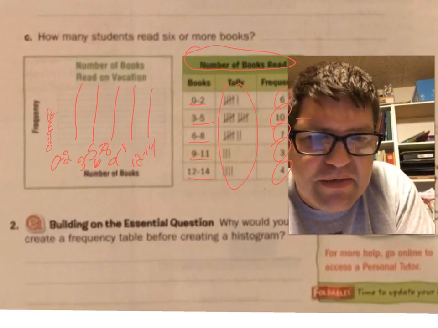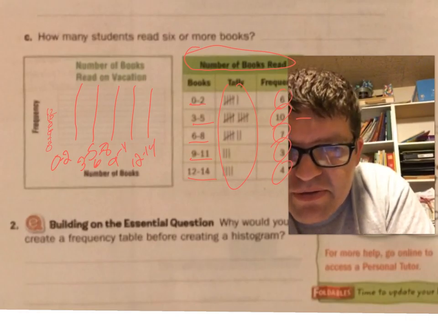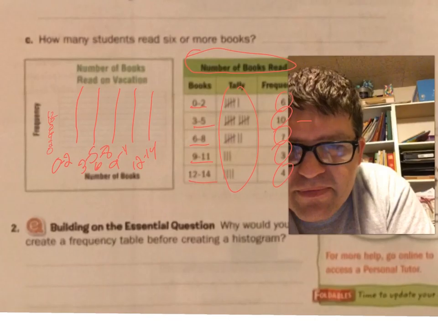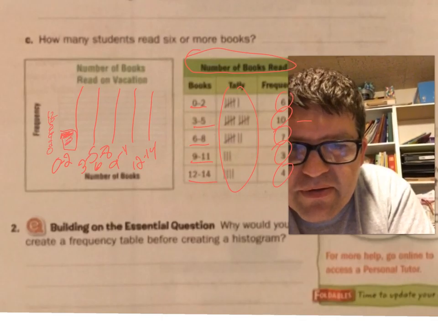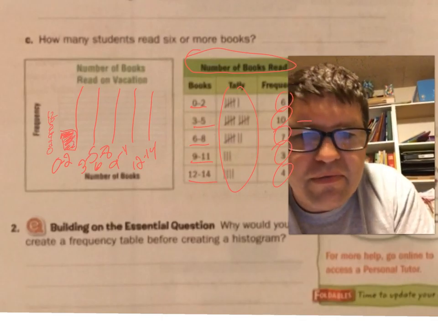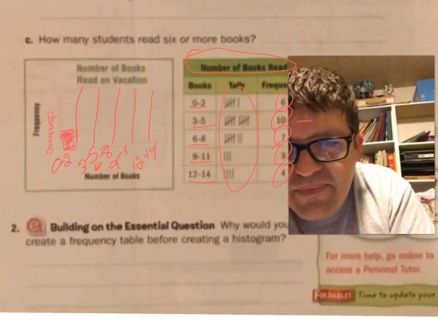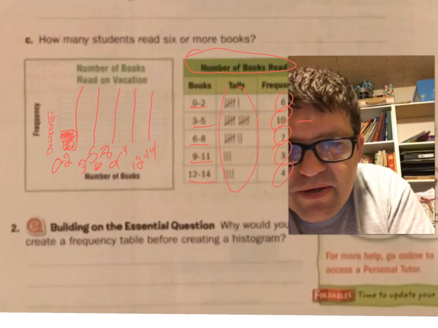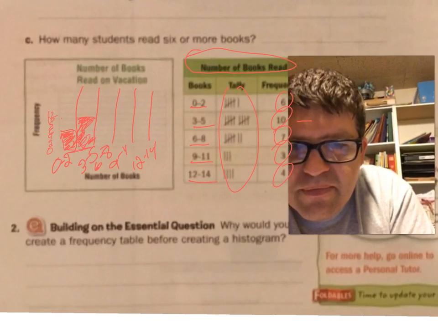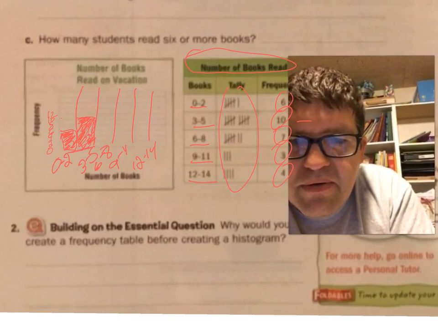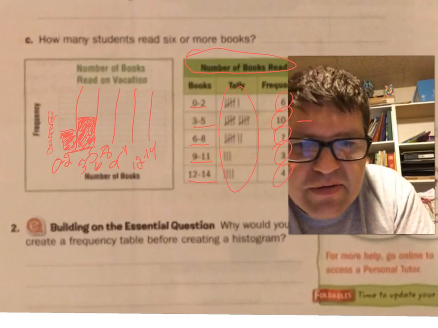Okay, so we have 6 people, 0 to 2, so we go to the 6 here, and draw a line here. And then we have the 6. There we go. Now 3 to 5 has 10. So we go up here to 10. This one. And then we color it in like this. Okay. Then we're going to go to the 6 to 8.